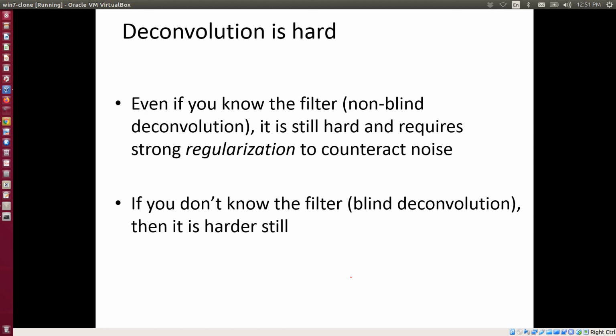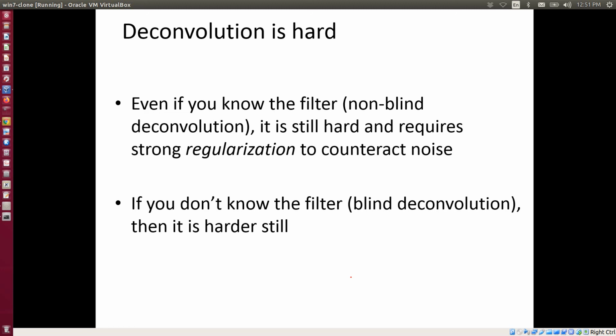Typically, the difficulty is, of course, if you know the filter already, then it's very simple, you just do the exact opposite of what we did here. But the problem typically is that, for example, you have a camera and you take a picture, and when your hand shakes, it has a blurring effect.